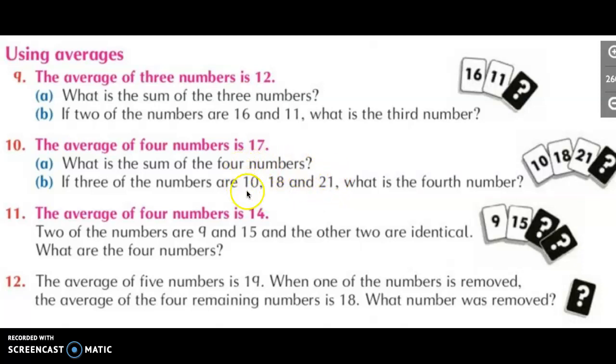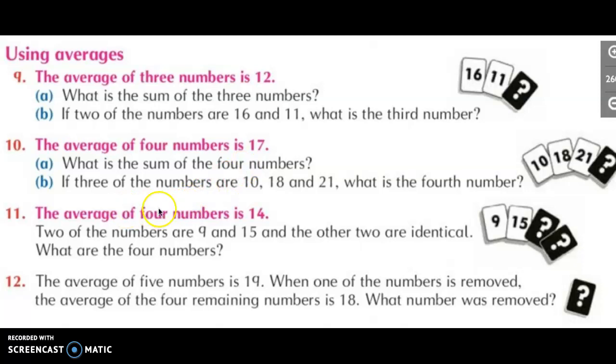So I have to add the three of these together and minus it from the sum of the four numbers, which you calculated in A. Just 17 multiplied by this.